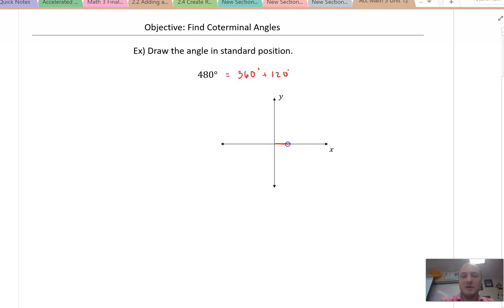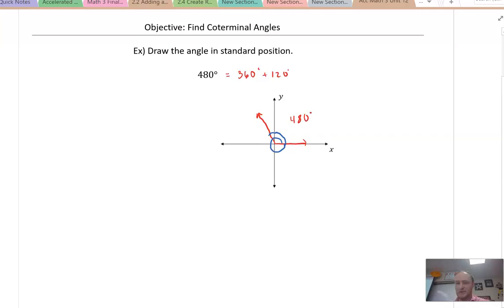So I know that for this angle I have to go around once. So here's 360 degrees, and then I have to keep going 120. So there's 90 plus another 30. So right here, there is my 480 degree angle.